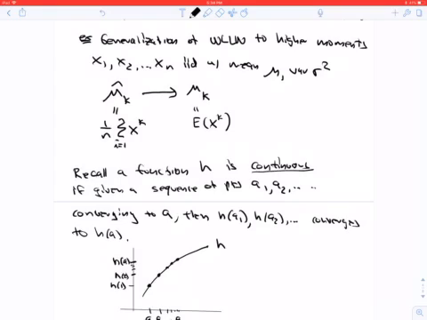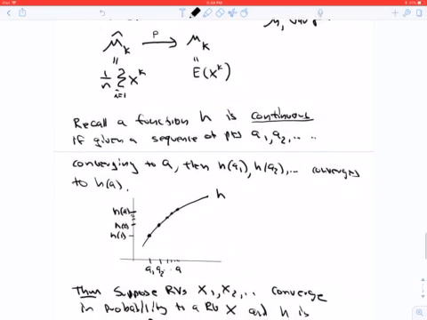Now the generalized weak law of large numbers is just an extension of the weak law of large numbers to higher moments. I won't actually prove this, but if you're really curious why this is true, then you can just Google this. This is true, and we showed it for the k is 1 case.